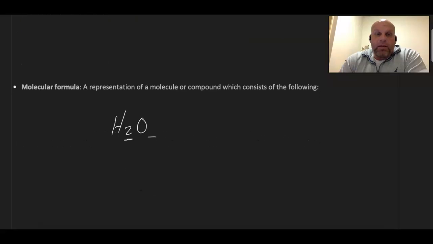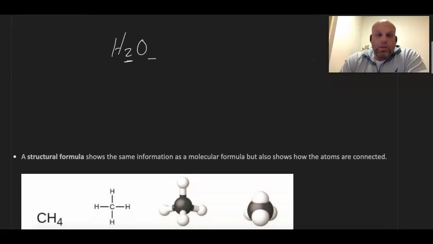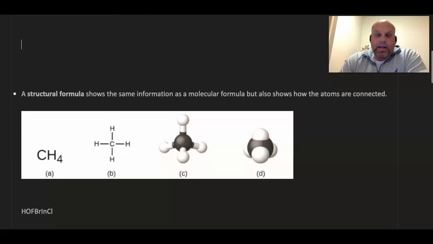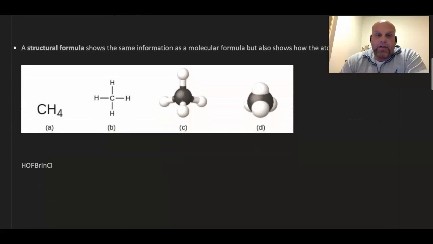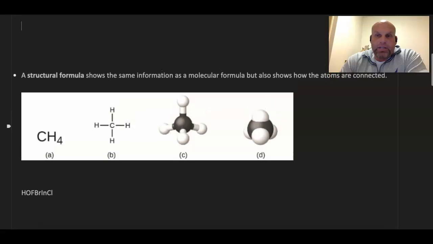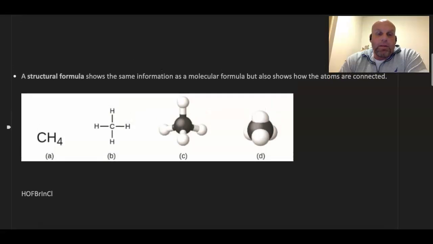Now, in addition to molecular formulas, we have structural formulas, which tell us the same information, but just show how the atoms are connected. So here's a diagram with some information. A would be our molecular formula, and in this particular case, we see that we have carbon and hydrogen atoms present, and again, more specifically, 1 carbon atom and 4 hydrogens.